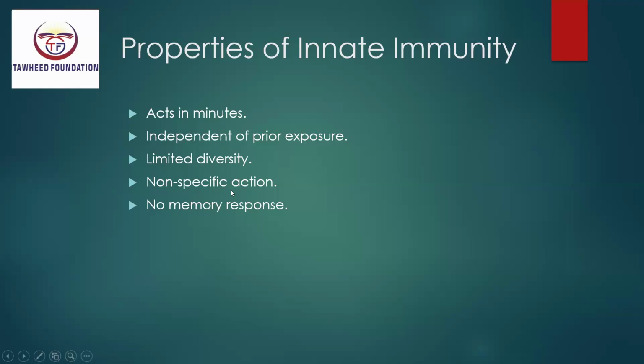Fourth is non-specific. Cells of innate immunity are non-specific in their action and can be directed against any microbial antigens. Last is no memory. Innate immunity does not have a memory component, so the response to a repeat infection is identical to the primary response.